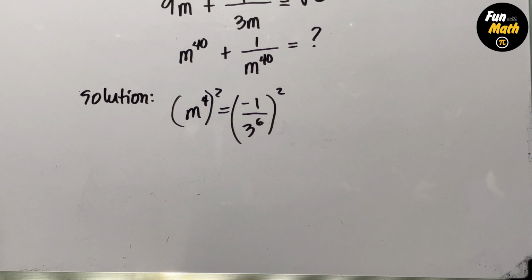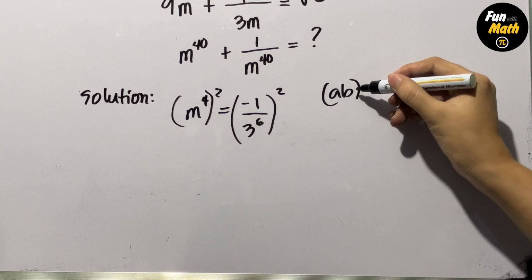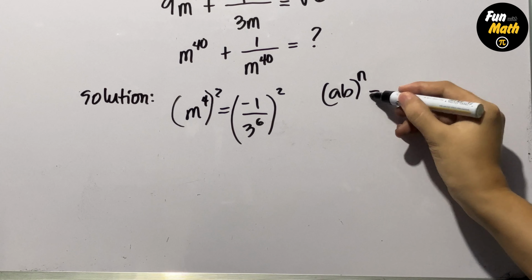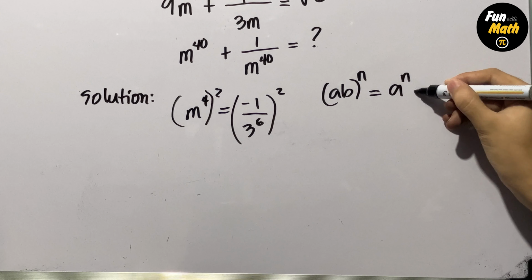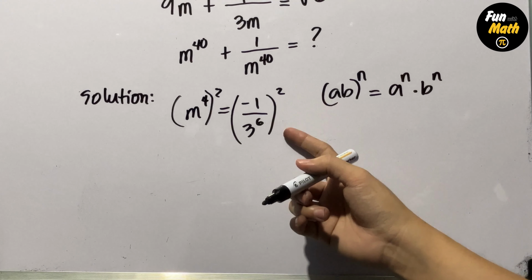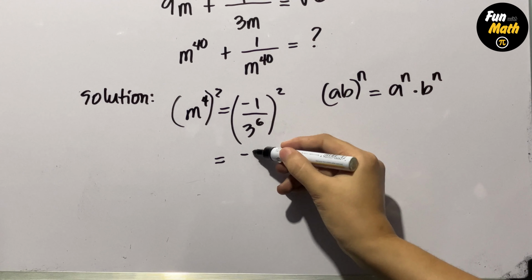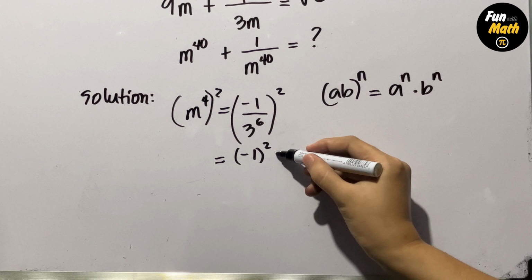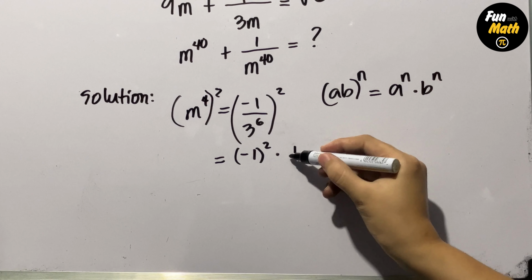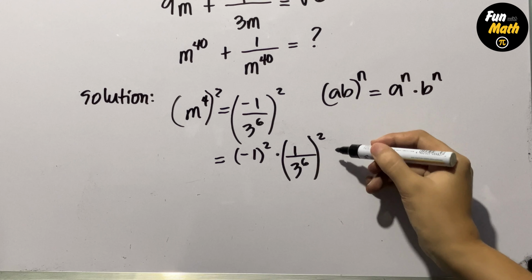Now, by applying the rule of a power, ab whole to the power of n is also equal to a to the power of n times b to the power of n. So on the right side, this is now equal to negative 1 squared times 1 over 3 to the power of 6, squared.